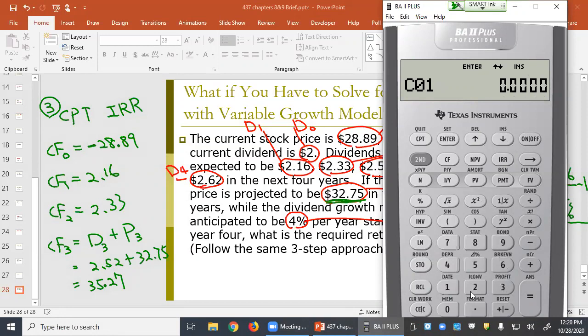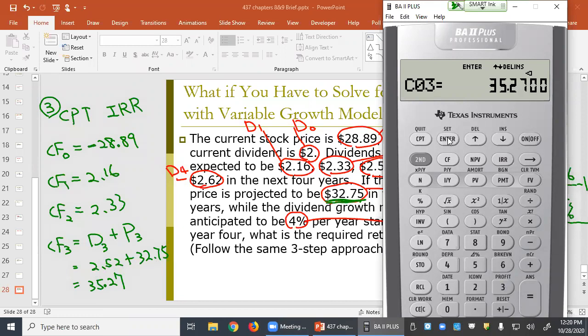In year 1, I will receive $2.16 as cash dividend. In year 2, I will receive $2.33 as cash dividend. In year 3, I will receive this much cash dividend, and I will sell my stock at $32.75. You can double check your calculation, but we already know that's $35.27. That's my cash flow 3.